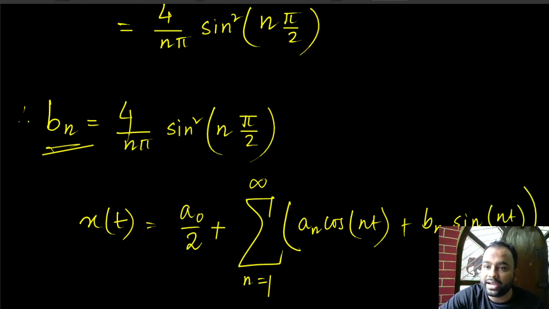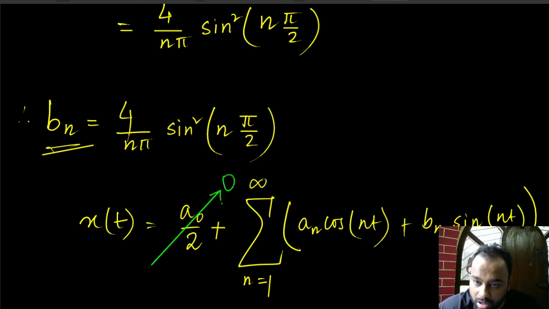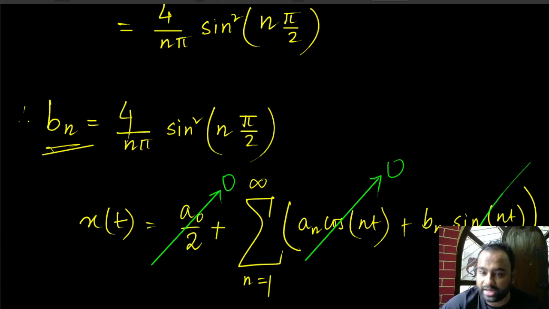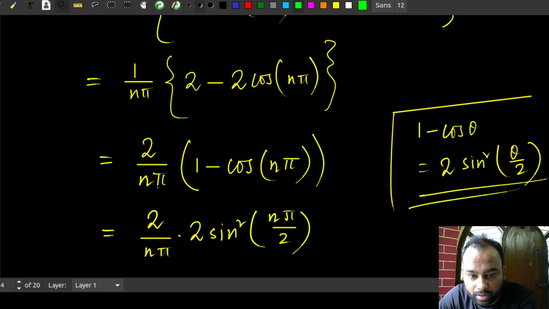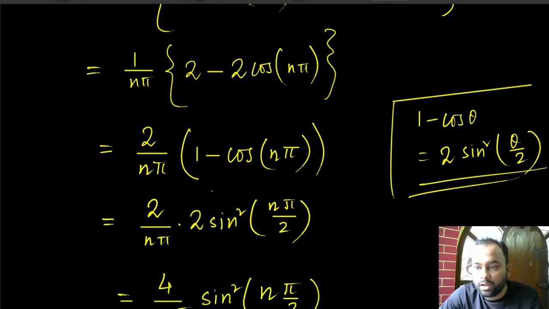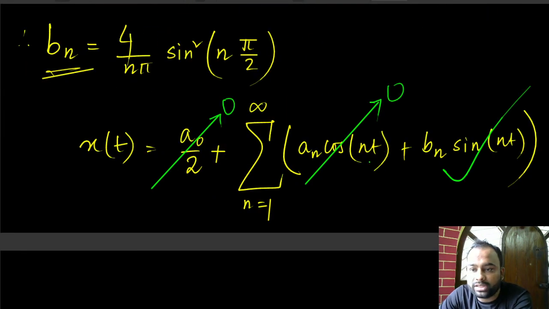But we figured out for this particular example, this is 0, these portions are also 0, and only these portions do exist. And for the sinusoidal components, these represent the coefficients.